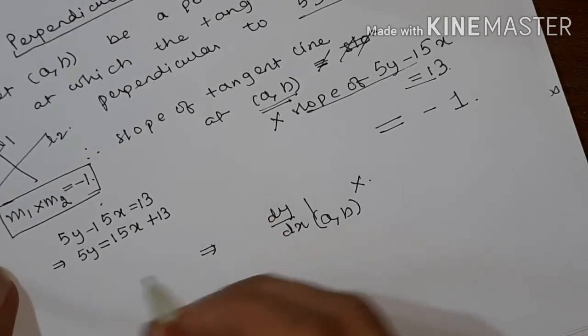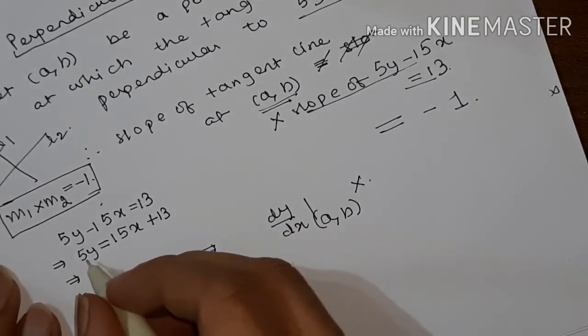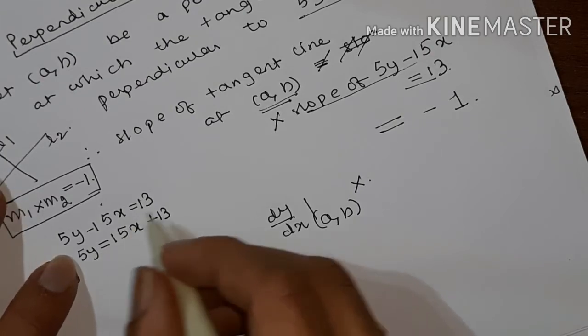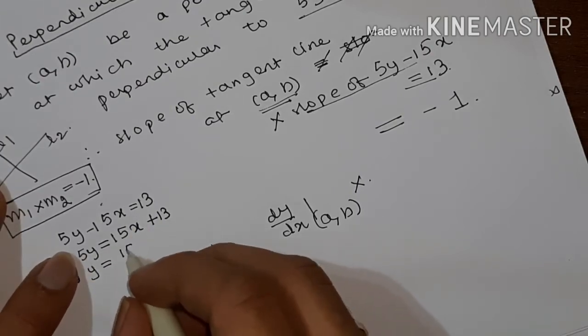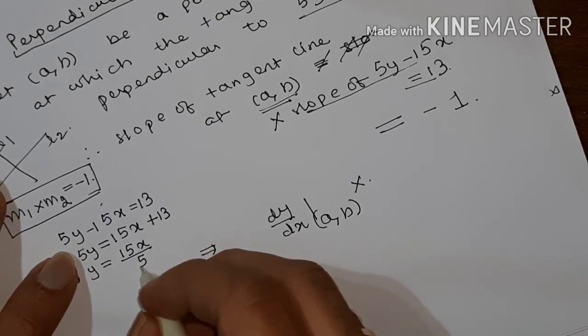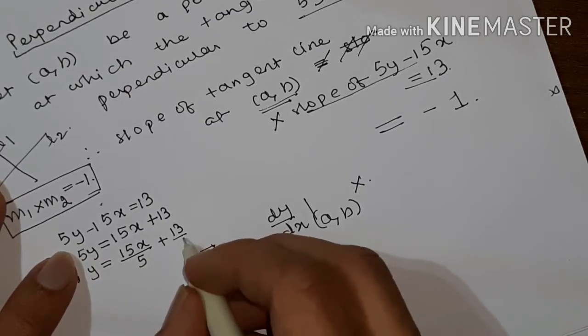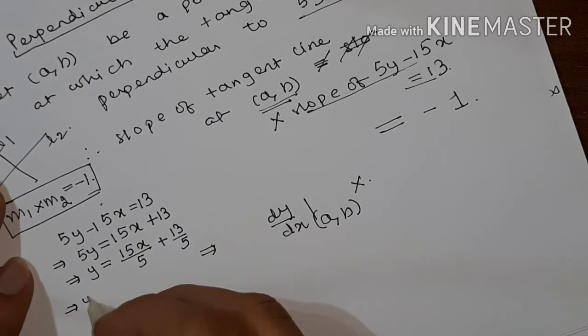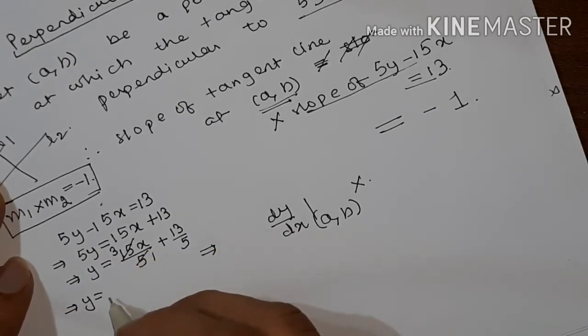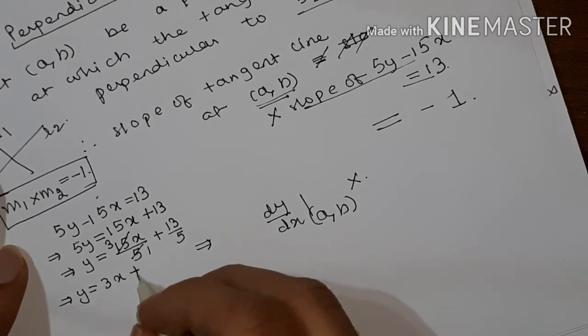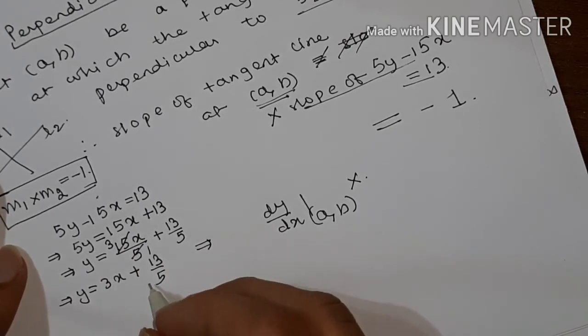Dividing by 5 on both sides, y equal to 15x divided by 5 plus 13 divided by 5. So that is y equal to 3x plus 13 by 5.